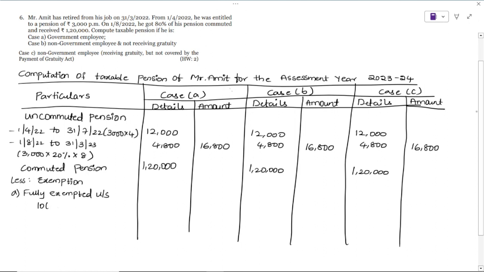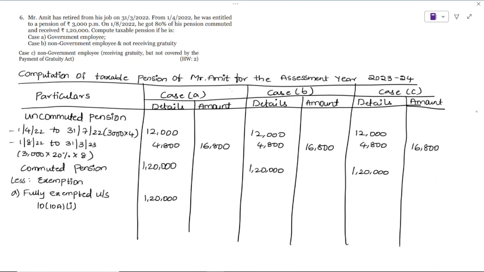Now when it is fully exempt, the 1,20,000 commuted pension is fully exempt. Whatever you received is fully exempt. So 1,20,000 we will write in the fully exempted.